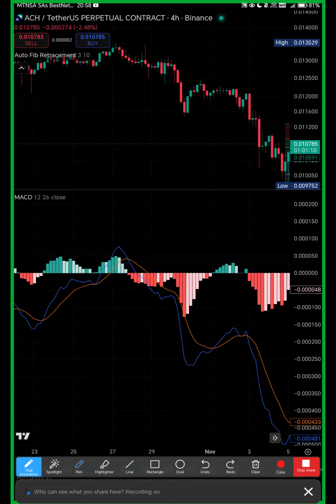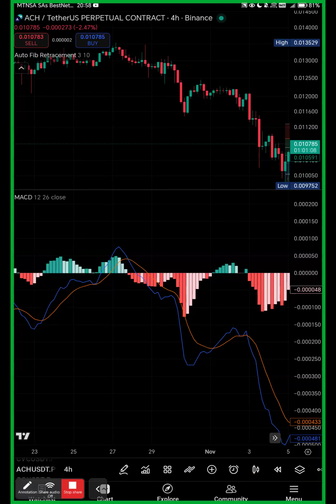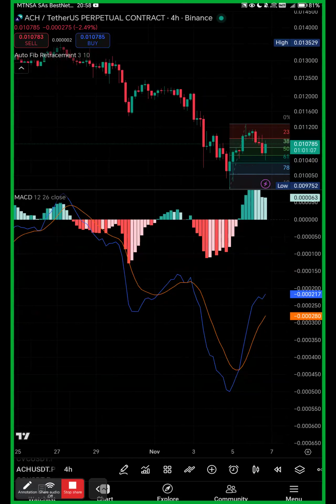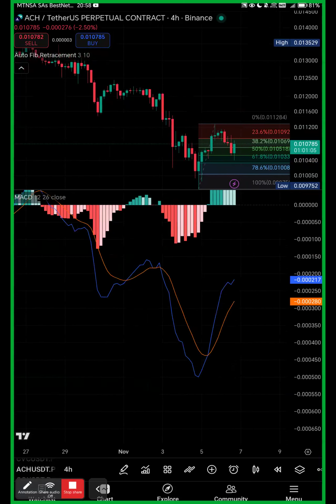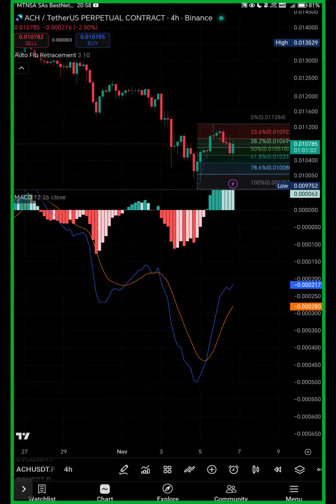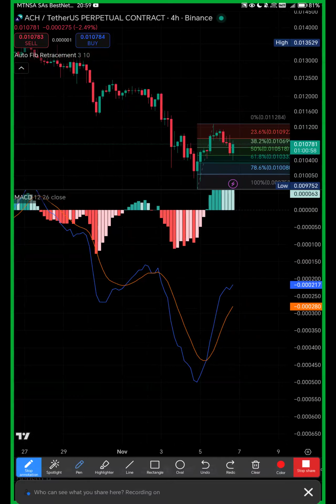If I may try to bring it here, you are able to see that this blue line is moving below this side, and the orange line is also moving below, but they are distancing themselves.